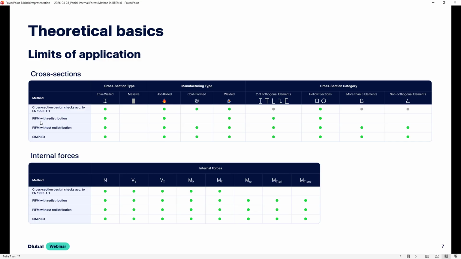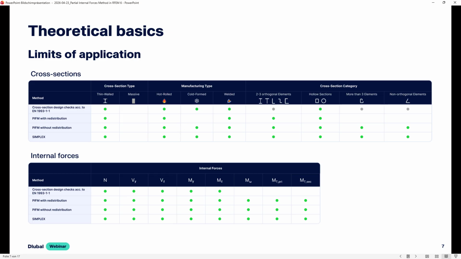We have used the PIFM with redistribution, but we also have cold formed cross sections in our structure, which would be the square hollow section of the columns and also the Z profile. So in this case, we will probably receive a warning message or an error because here the PIFM with redistribution cannot be used.